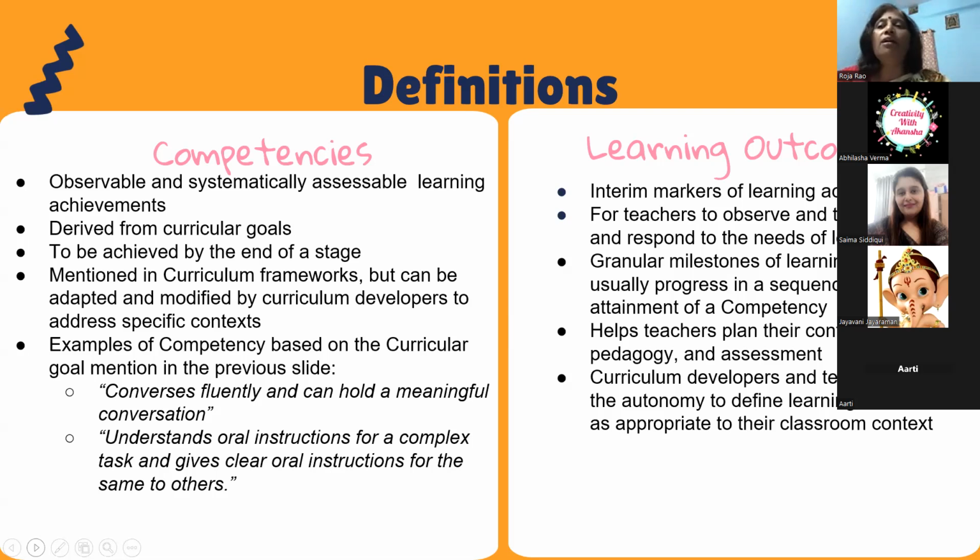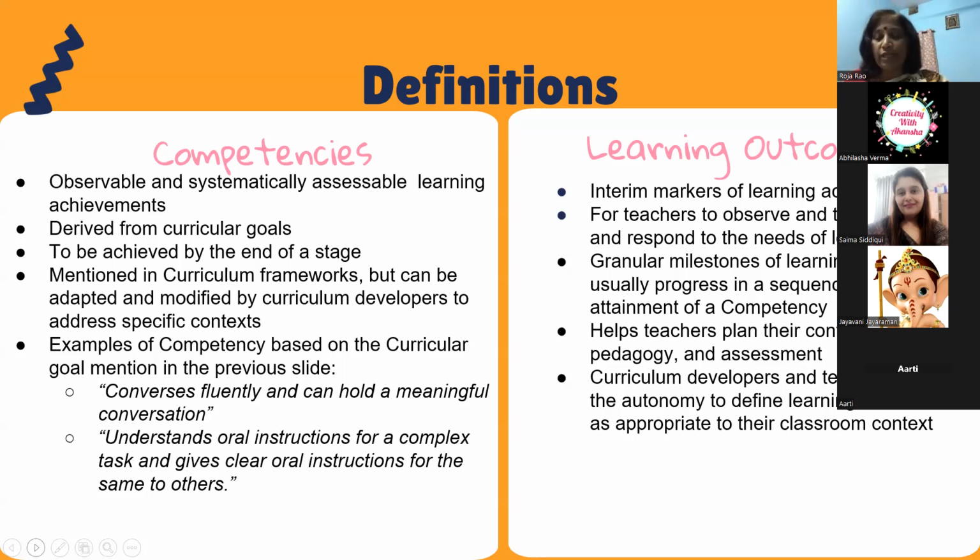They are actually the granular milestones of learning and usually progress in a sequence leading to attainment of a competency, and they help in planning content, pedagogy, and assessment. Curriculum developers and teachers have the autonomy to define learning outcomes as appropriate to their classroom context as required.